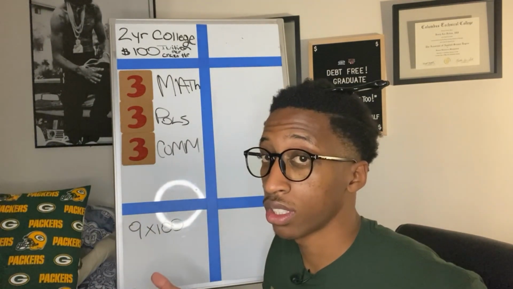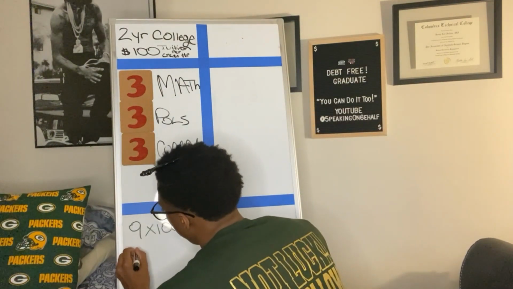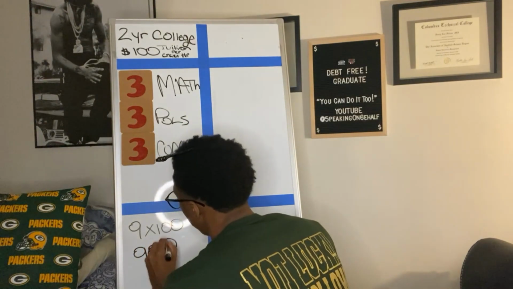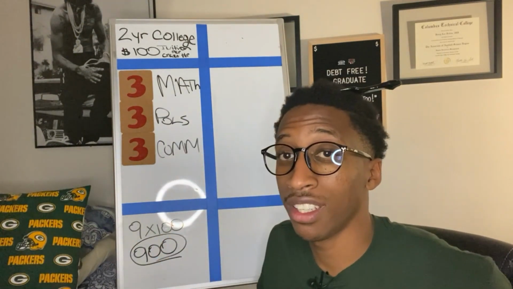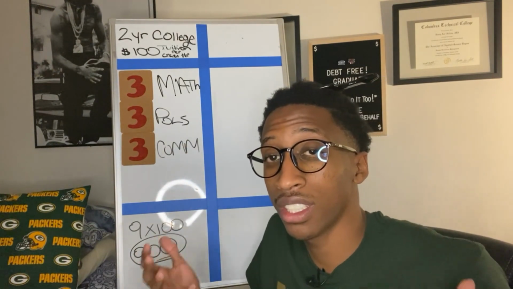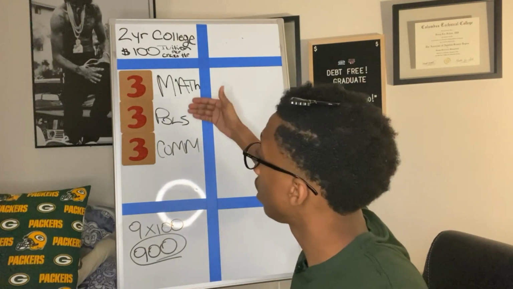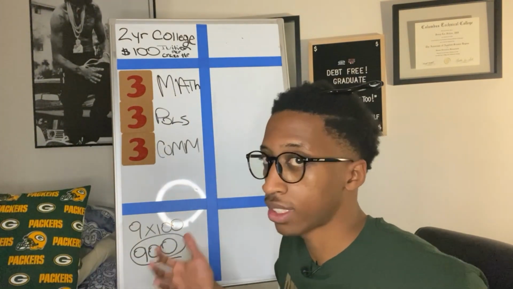What's 100 times 9? So your tuition is $900. Same concept, if it was shorter, if it was longer, it's the same concept.